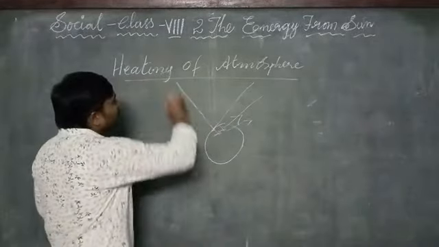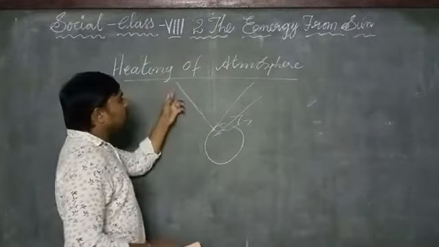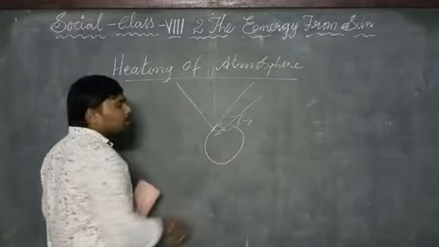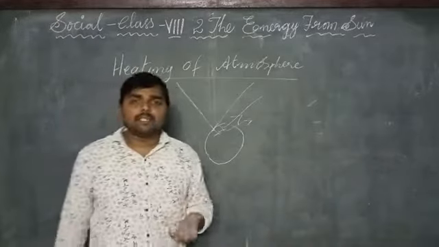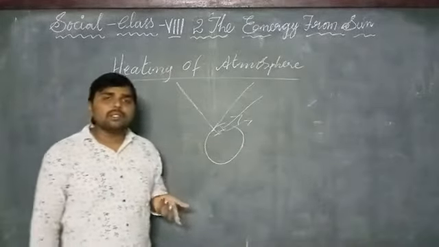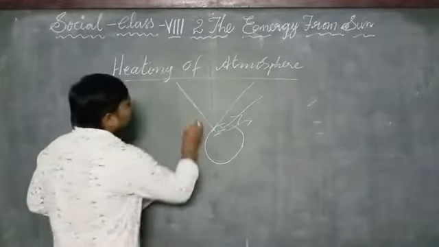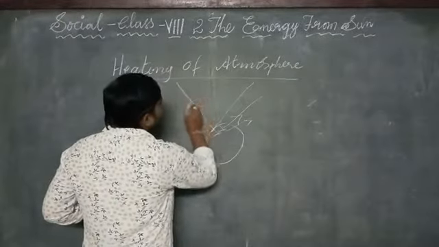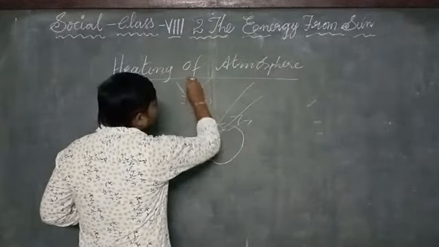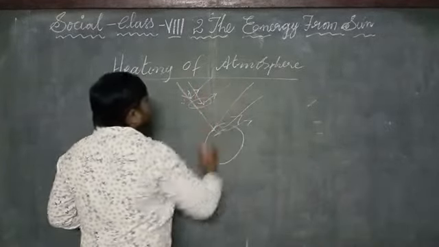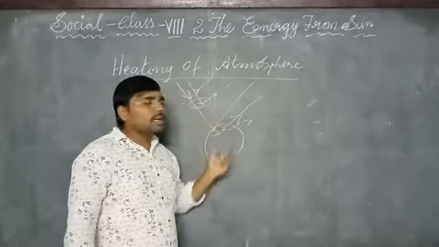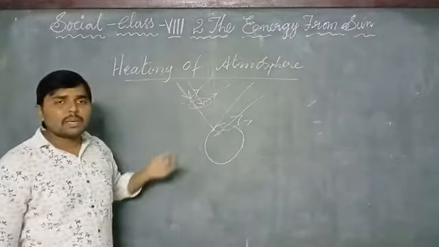When sun rays travel through the atmosphere of the earth, the atmosphere has many dust particles and gases, and also some clouds. Due to the clouds and the dust particles, some sun rays are reflected by the clouds, by the dust particles and by the gases present in the atmosphere.